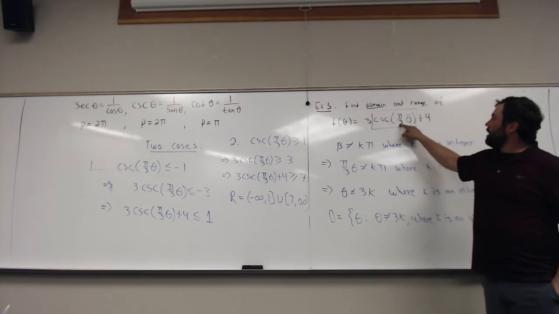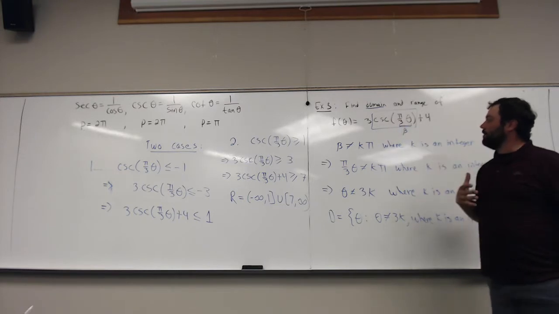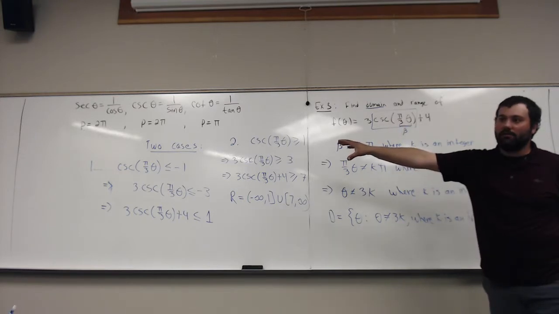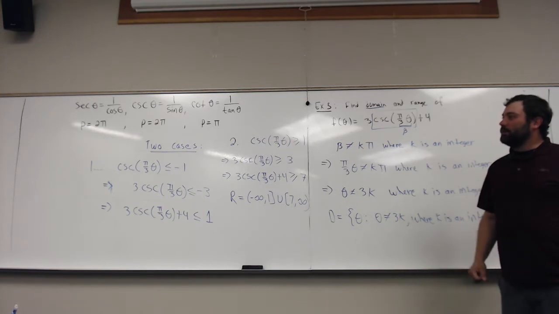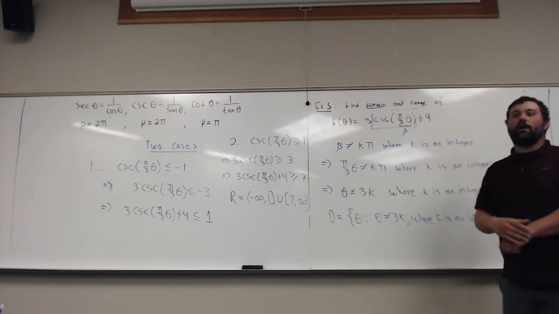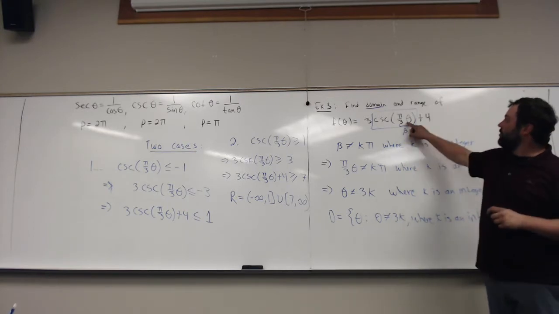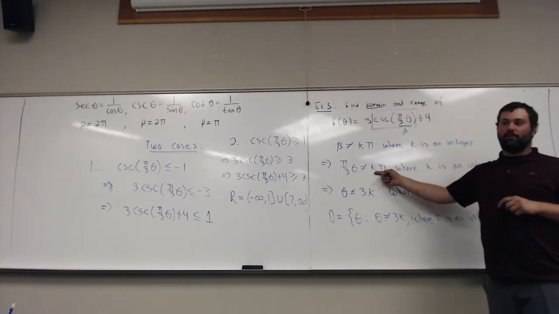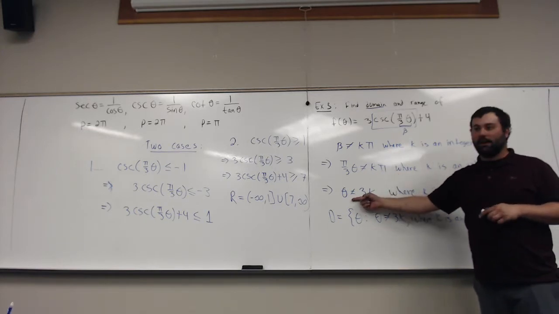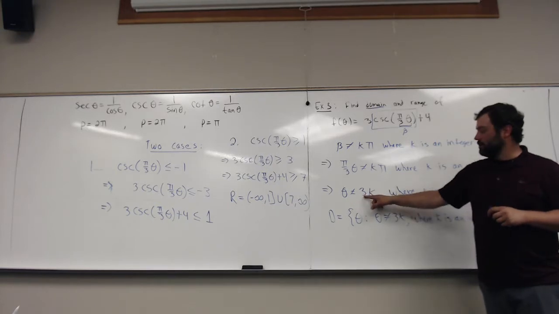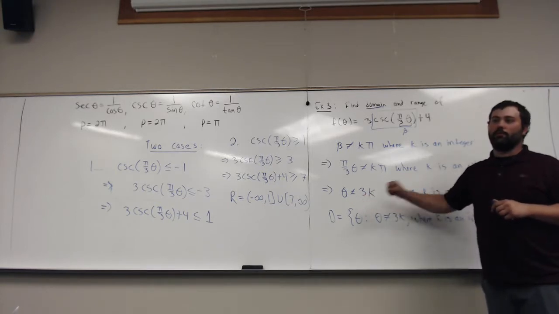If you looked, it said the domain of cosecant without a horizontal scaling is just anything that's not a multiple of pi. So the pi thirds theta cannot be a multiple of pi, and then I multiplied both sides by 3 over pi to solve for theta. And that leaves me with just theta not being able to be a multiple of 3.